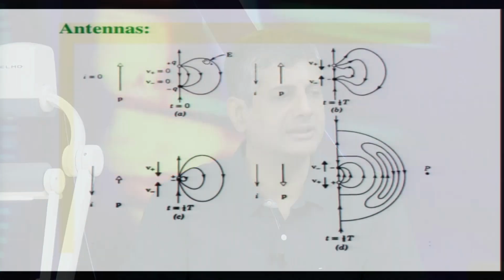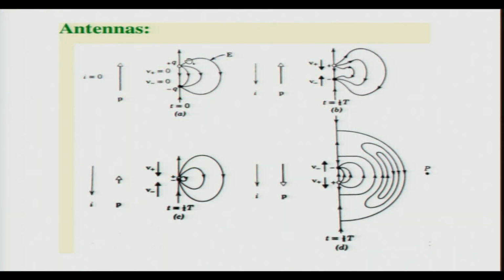This is a figure of electrical fields around an antenna, and what we see, which is not of course apparent from this figure, is that the electrical and magnetic fields thereafter support each other even away from the antenna.